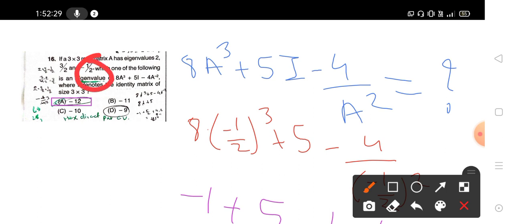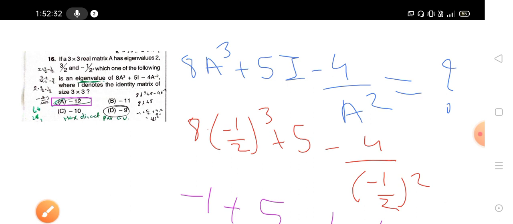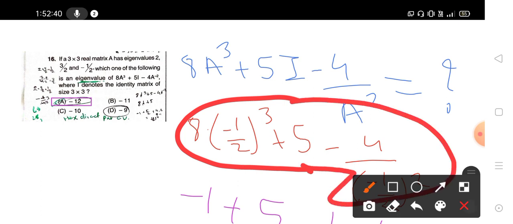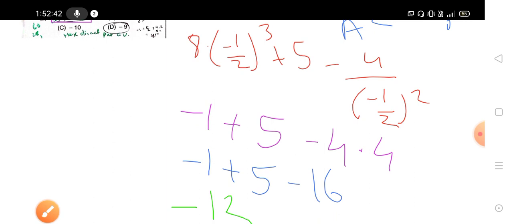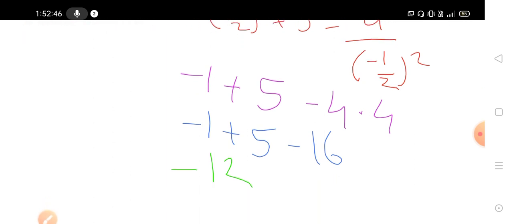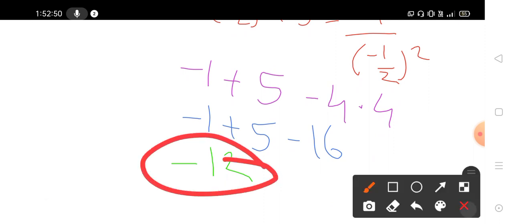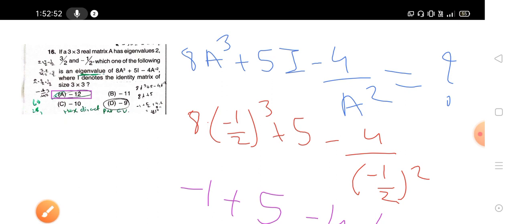Putting it in, we get minus 1 plus 5 minus 4 into 4 minus 1 plus 5 minus 16. The answer is minus 12. Option A is correct.